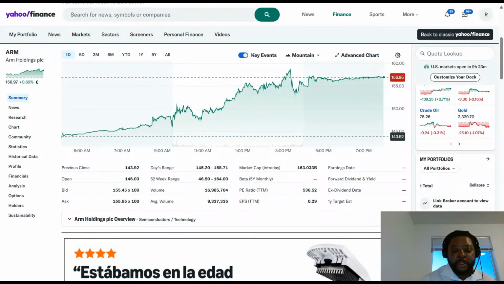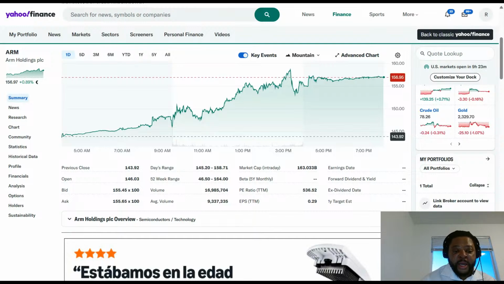Now, the bid and the ask. This is for options contracts. This is a little bit more advanced, so I won't be covering it too much, but I will tell you what the bid and the ask are. They're showing $155.45 times 100 shares for option contracts.